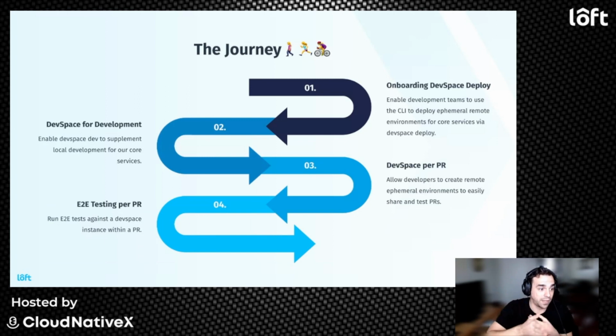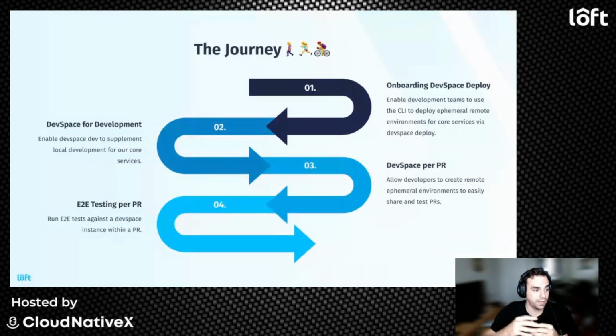The next phase was DevSpace for development. This was about how we allow engineering teams to use the DevSpace dev functionality. For people who may not be familiar, DevSpace deploy is essentially taking your application, packaging it into an image, and deploying that image to a namespace within Kubernetes.